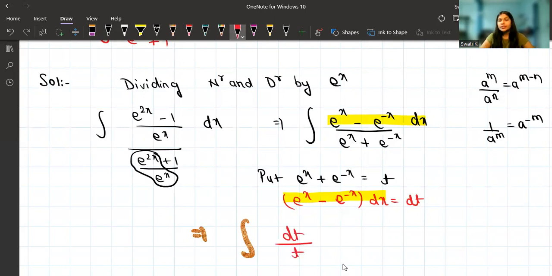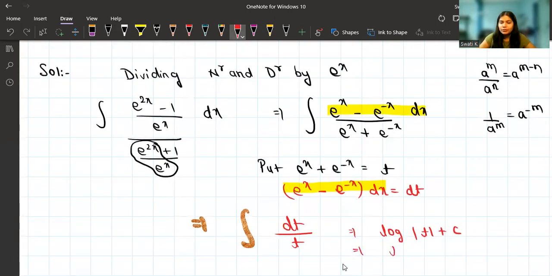Now you know what is the integration of 1 upon t? It is simply log mod t plus c. And mod t, you just need to put the value of t, that is e raised to x plus e raised to minus x, plus c. That's the answer. All right, we are done with this question as well.